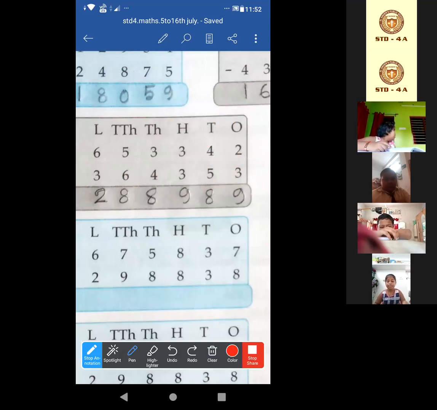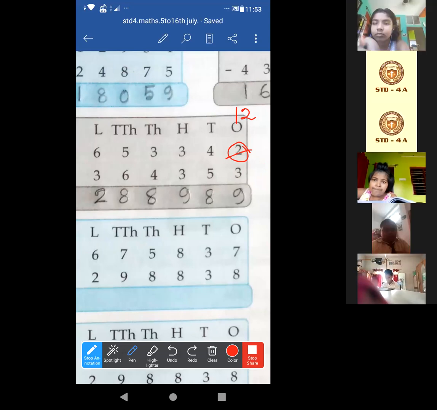Is it clear? Look, this one is lesser, so we have made this larger. It has become 12. And how have we made this 12? By borrowing 1 from the immediate left place. Okay, from the immediate left we have to borrow 1. We have borrowed. Look, we have already taken 1 from this 4.